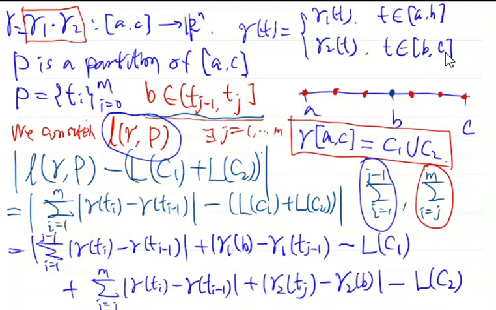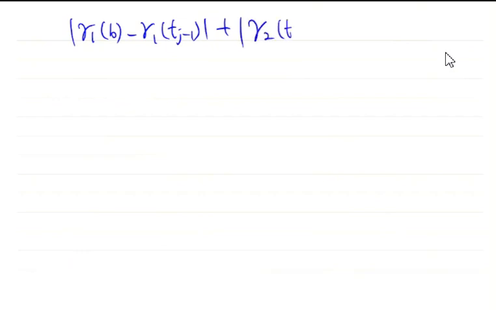We add these two terms, and they will be subtracted later. But the space is too little to write more, so I write it on the next page. Then the two terms we added are gamma 1 B minus gamma 1 Tj minus 1 plus gamma 2 Tj minus gamma 2 B.